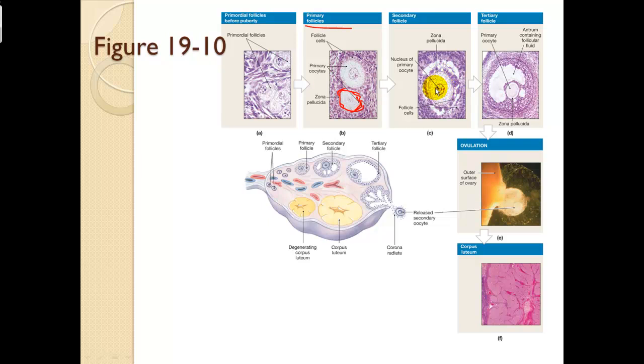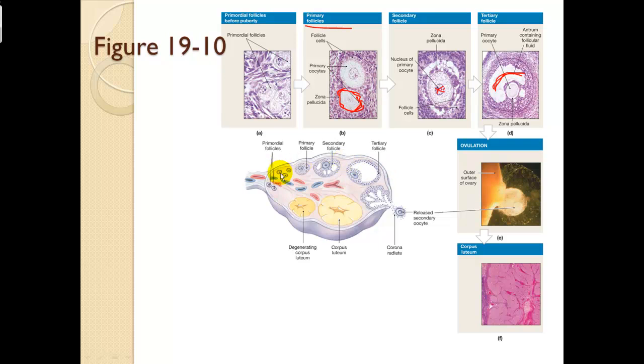Now this right here is the primary oocyte, and as the primary oocyte drops, this is considered the antrum, whenever this area starts developing. This is just before ovulation occurs. So this is still a primary oocyte and is surrounded by the zona pellucida.